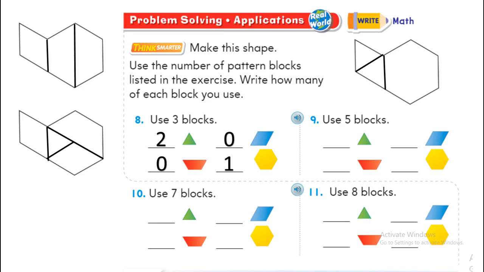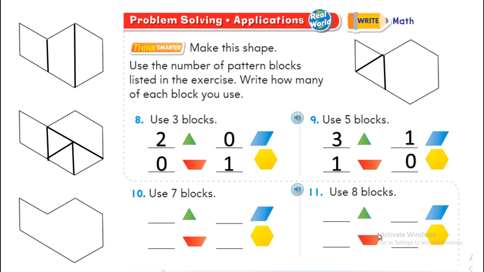How many now? Count. 1, 2, 3, 4. I want more. I want 5. So I'm gonna divide the last piece into 2 again. I'm gonna put a line here. How many shapes do I have now? Yes, I have 5 blocks. What are they? Well, I used 3 triangles, 1 rhombus, and 1 trapezoid. But no more hexagons, so 0 hexagons.